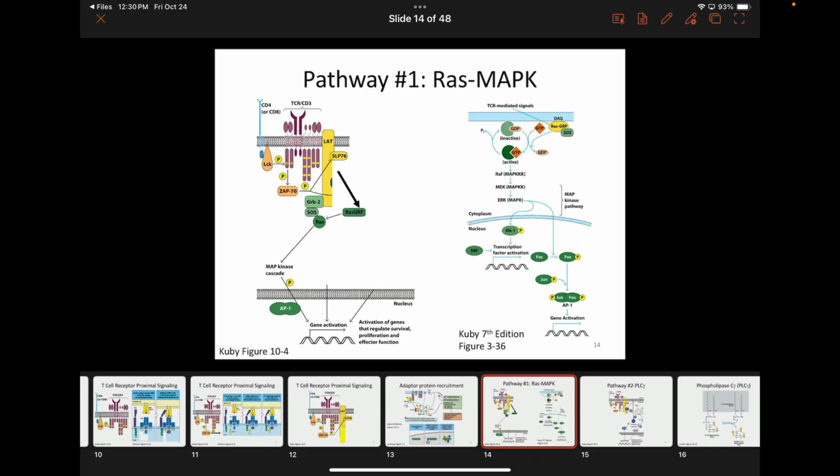Because basically what happens is after our adapter protein is activated, we activate RAS. RAS then activates MAP kinase kinase kinase, MAP kinase kinase, MAP kinase, and the transcription factor. And so you can see all of this here.